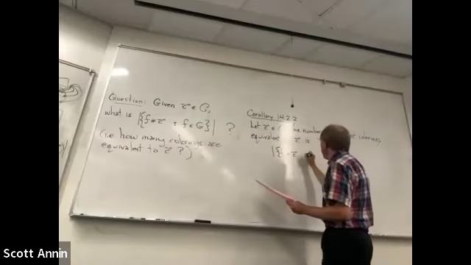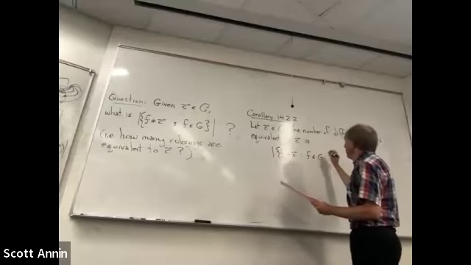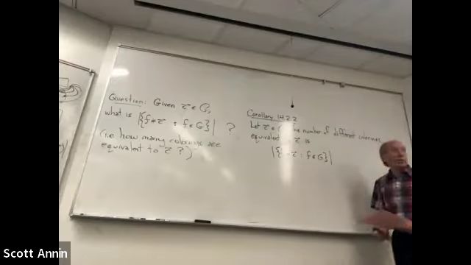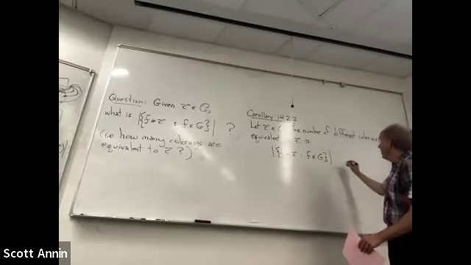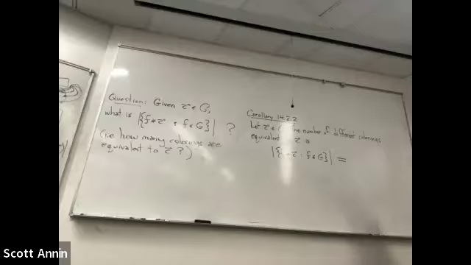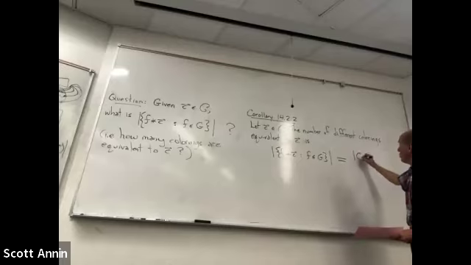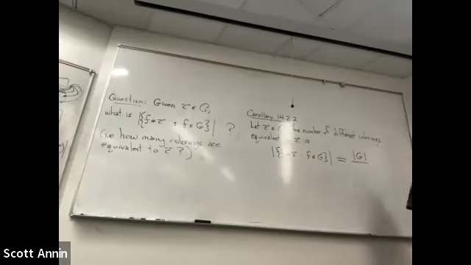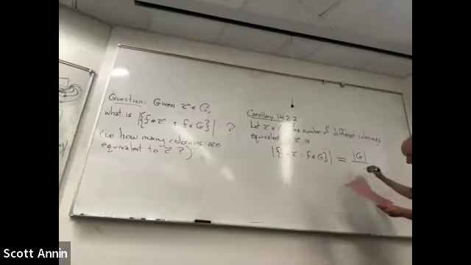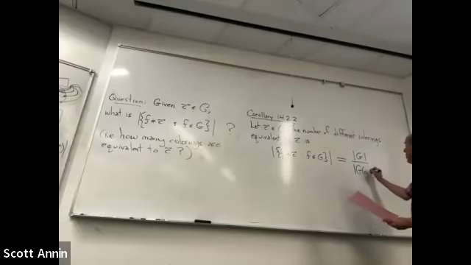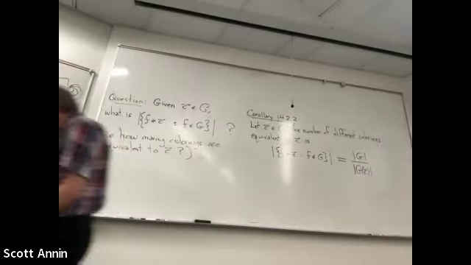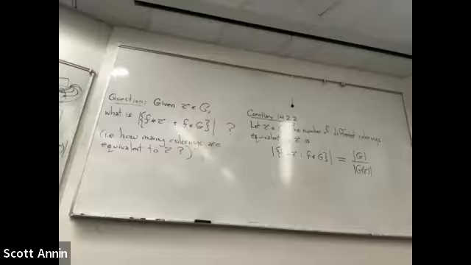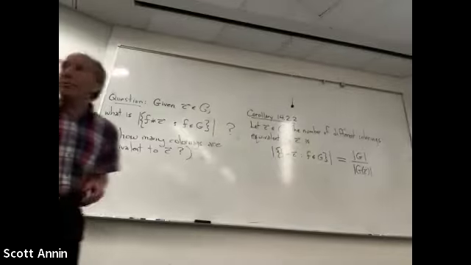So I'll just recopy it again. So this is the notation. It's just the size of that set. And what is it equal to? Well, this is the formula. It is not the order of G, but it is the order of G divided by the order of the stabilizer of C, as it turns out. That turns out to be the right answer.